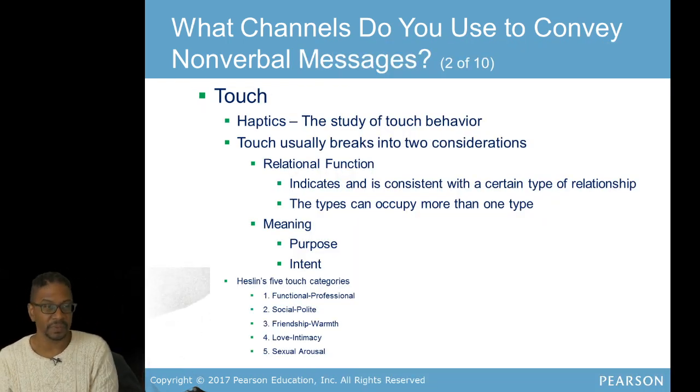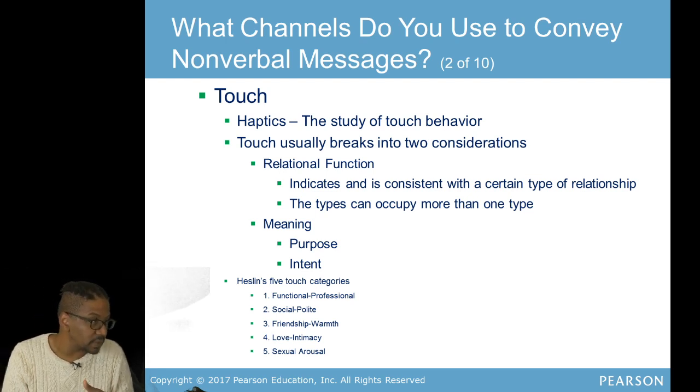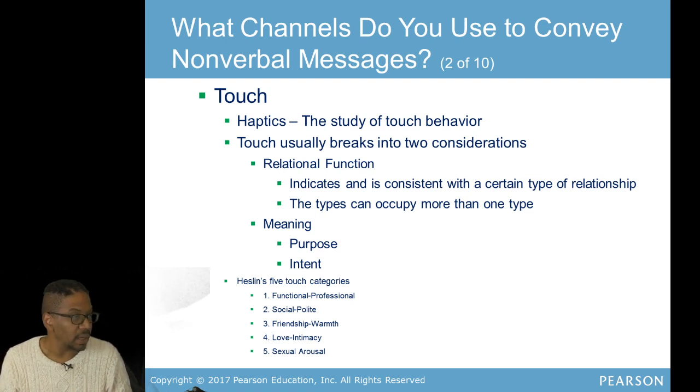Now, for touch, how you touch in different circumstances can communicate different messages. Haptics is the study of touch behavior, and one of the things it considers is the relational function. It indicates if the touch is consistent with a certain type of relationship.